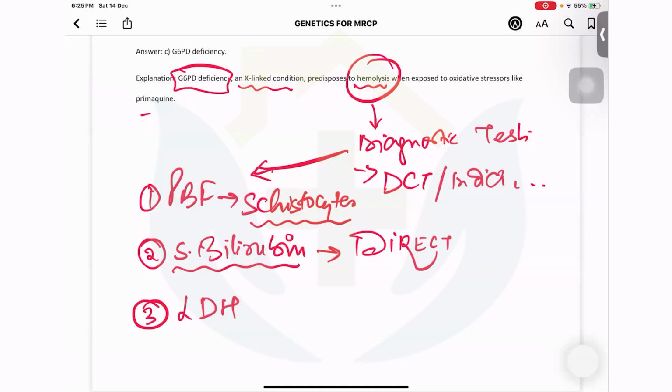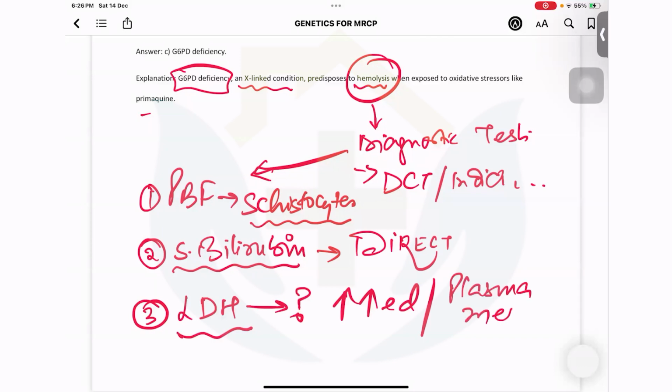LDH will be increased. LDH is a byproduct of breakdown of plasma membrane. So wherever cellular damage occurs, LDH increases. Anything else?